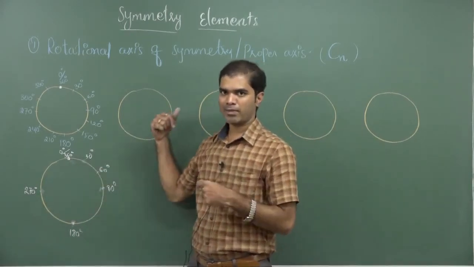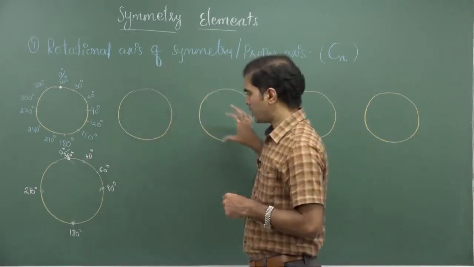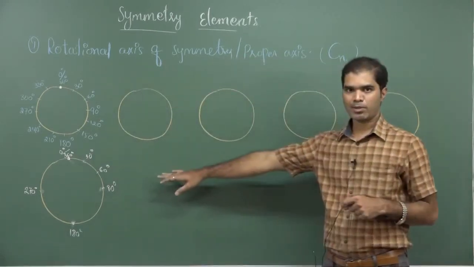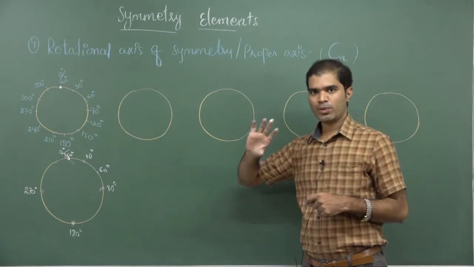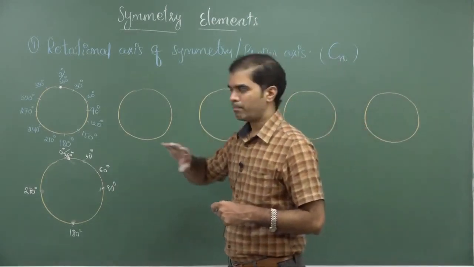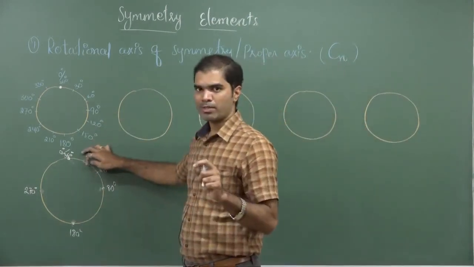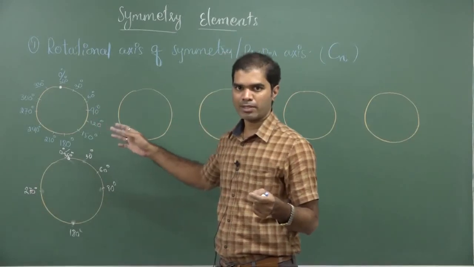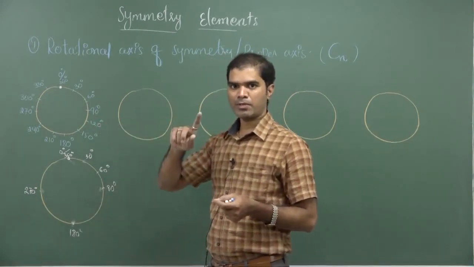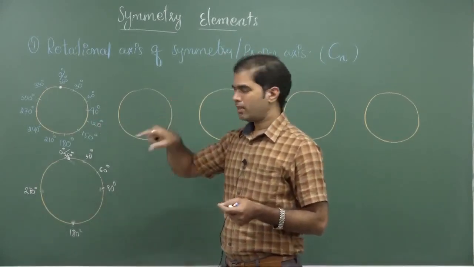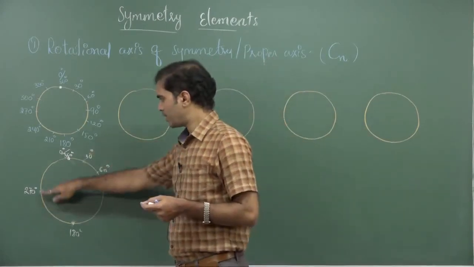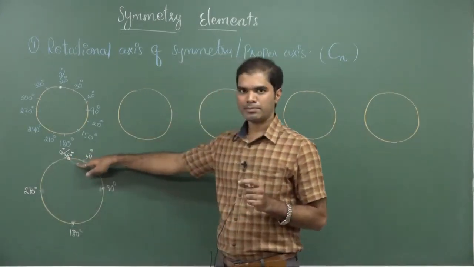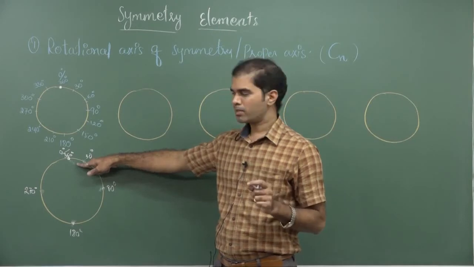In the previous circle I gave you original configuration, equivalent configuration and identical configuration. That is okay for most of the molecules, but there will be some molecules where you do not find any equivalent configuration. There is no other configuration which is equivalent to the original one. You have to directly arrive at the identical configuration. We will take up some such molecules also.